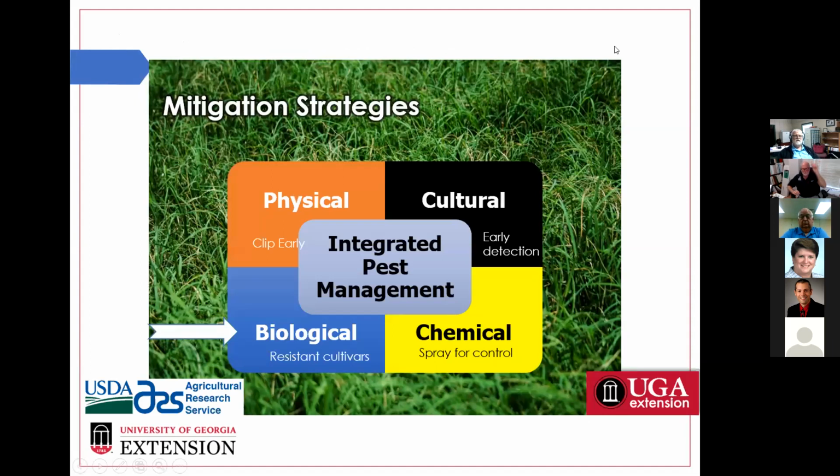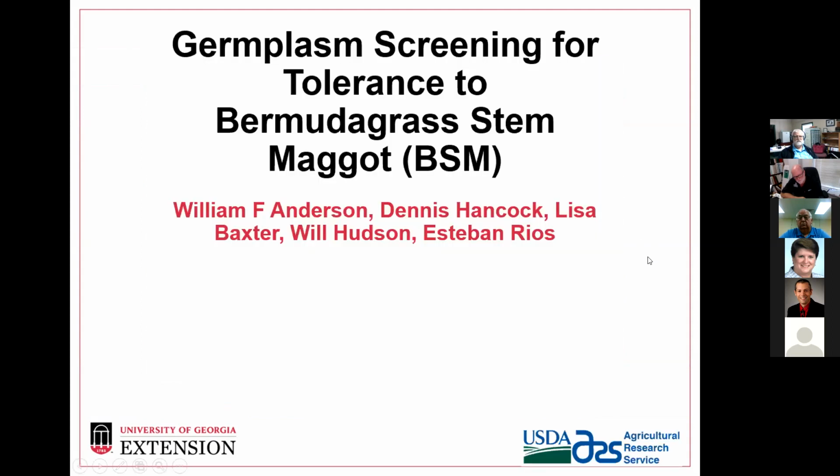The other approach, so we've talked some about chemical control of the adult fly, but the other possibility is to identify resistant cultivars. And so we did mention that those varieties that are currently available that have a thicker stem, some stargrass influence, appear to be more resistant than the finer stem materials.